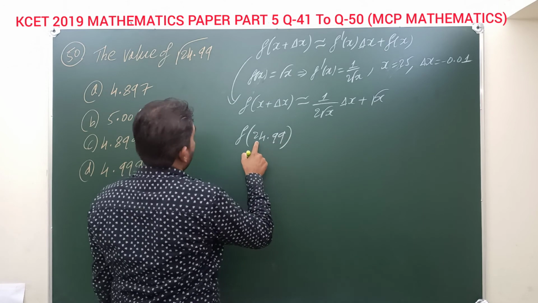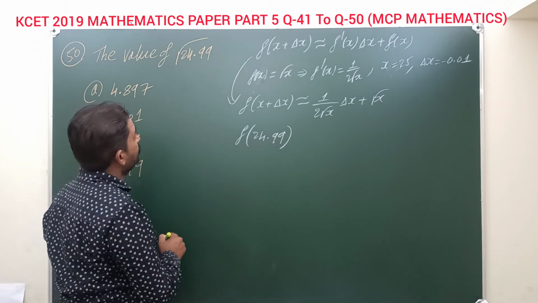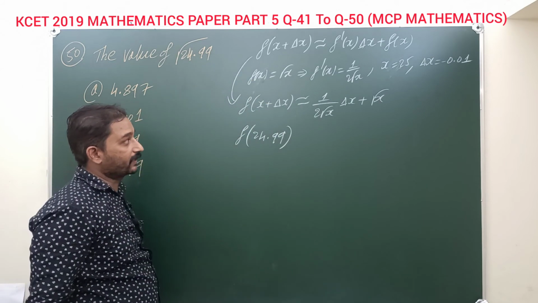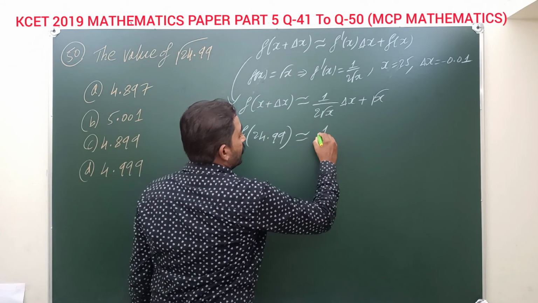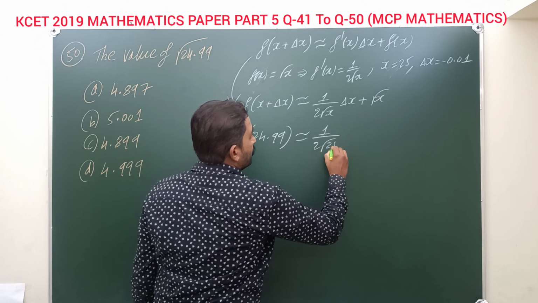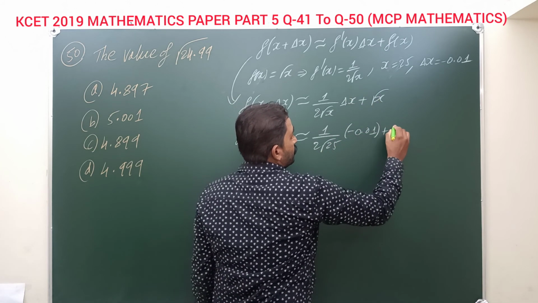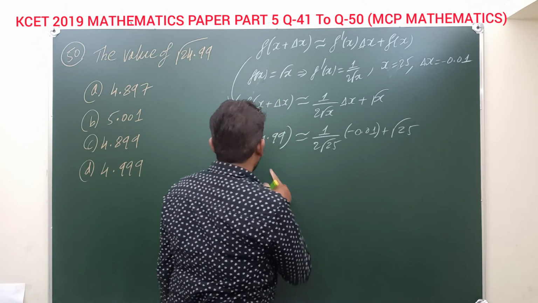So we have to find f of 24.99, the square root of 24.99. It is approximately equal to 1 divided by 2 into square root of 25, times delta x, minus 0.01, plus root 25.